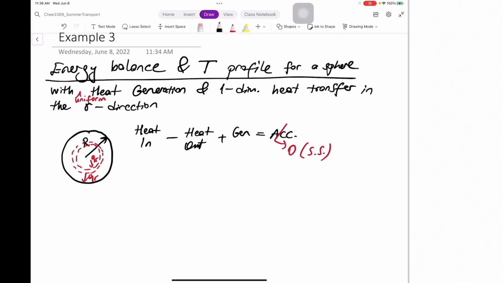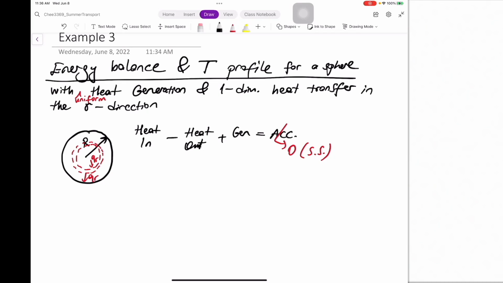And heat in is basically, this time my shell is a spherical shell, meaning that it's like a closed surface, unlike the cylindrical shell. The cylindrical shell was open on both ends, but this time my spherical shell does just look like a sphere. So it's a closed surface with a thickness delta R.